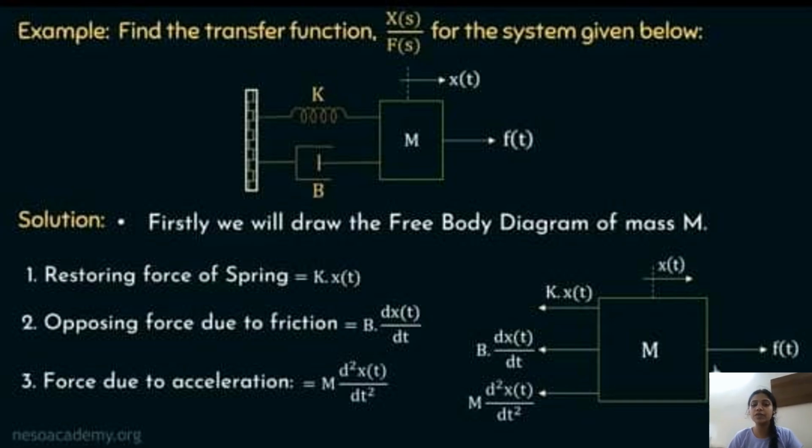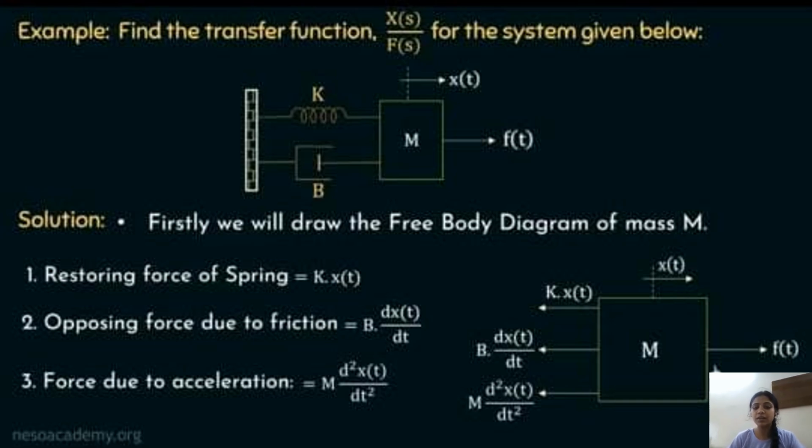In this concept, we go to the first step. Firstly, we will draw the free body diagram of the mass m. This diagram is replaced by the free body diagram, which we write separately for the mass m. We have the spring constant K, the dashpot B, and some displacement and the forces.